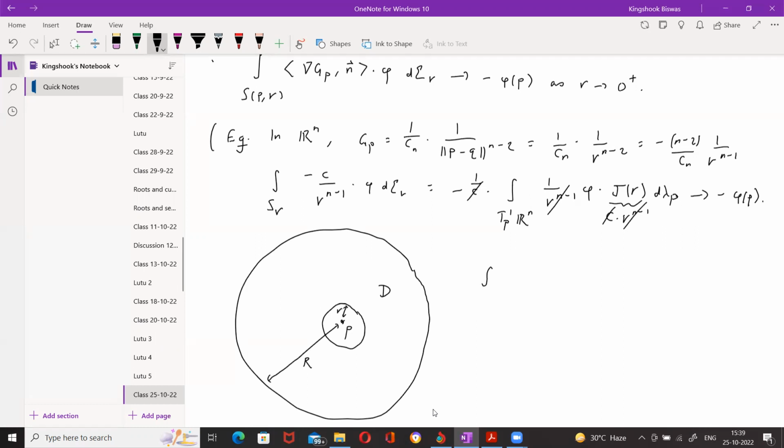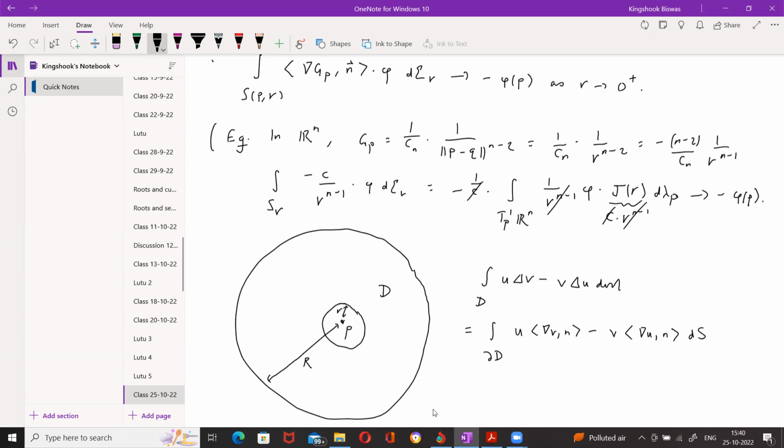So Green's formula, remember, was the integral over D of U Laplacian V minus V Laplacian U d vol is equal to the integral over the boundary of D of U inner product grad V normal vector minus V inner product grad U normal vector ds.